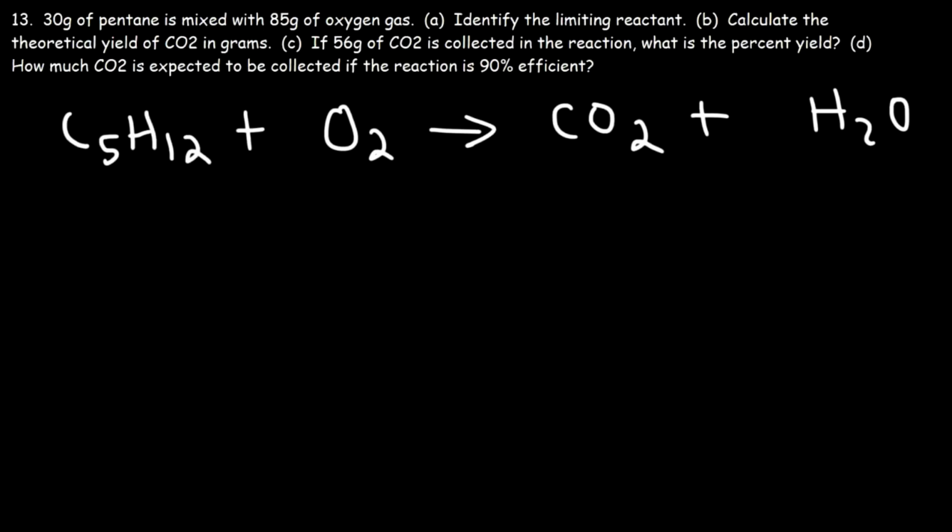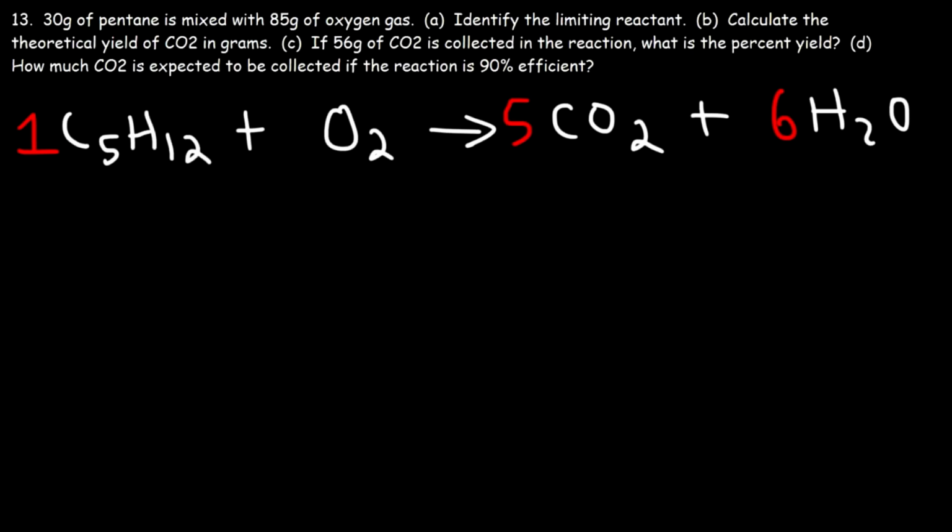When balancing combustion reactions, it helps to balance the carbon atoms first. We have 5 carbon atoms on the left side, and so let's put a 5 in front of CO2. Now we have 12 hydrogen atoms on the left, so we need to put a 6 in front of water, because 6 times 2 is 12.